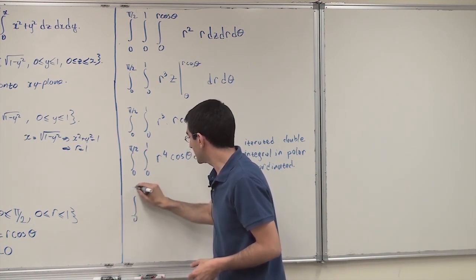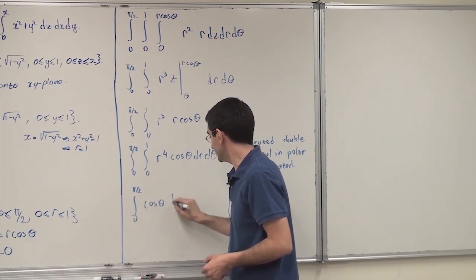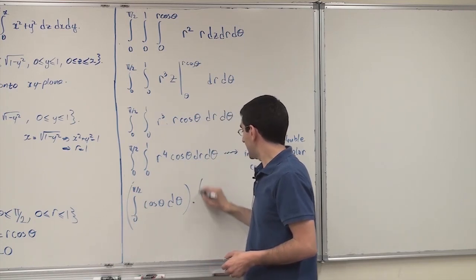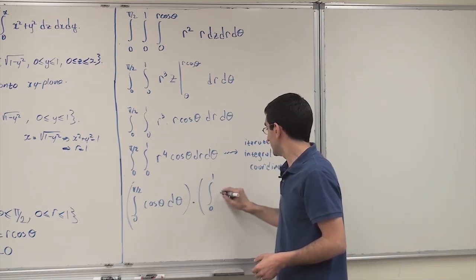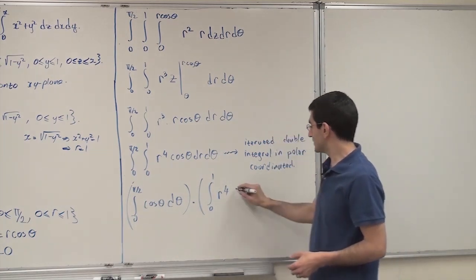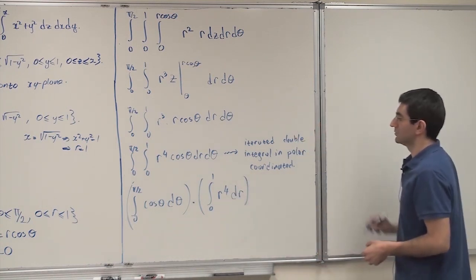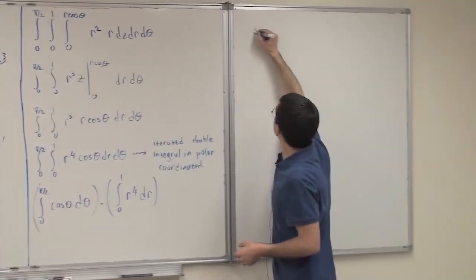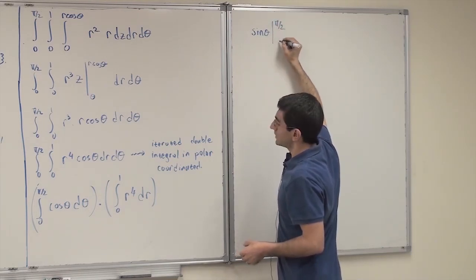So I will have one integral with respect to theta, times the second integral, which is integral of r to the power 4 with respect to r. And I evaluate each one of those integrals. So integral of cosine is sine of theta, evaluated from 0 to pi over 2.